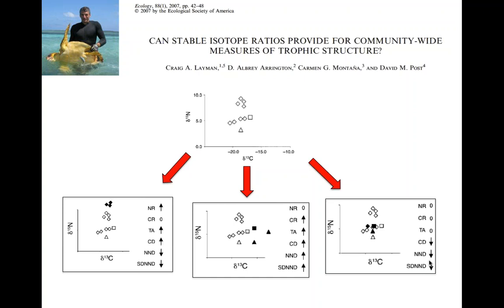And to play devil's advocate a little bit, we can talk about this later if we want, I don't have any slides on it, but there's a danger of thinking that isotope space directly reflects the real world. What you're actually looking at here is isotope ratios. And again, come back to this: know your system, know your data. It's up to you as the researcher to make inferences about what these isotope ratio values mean to your system.